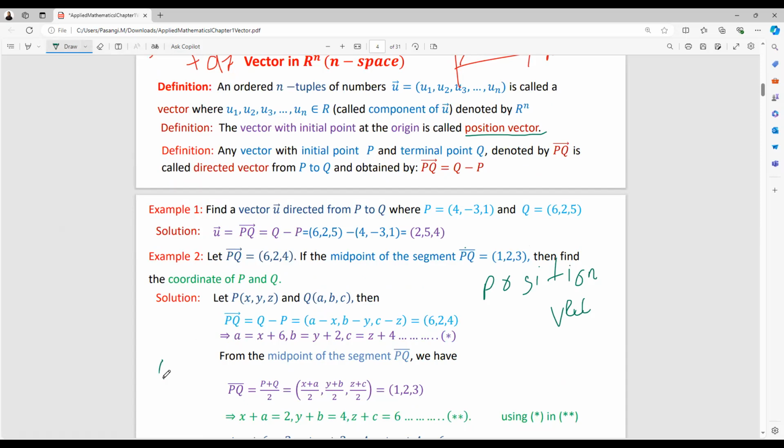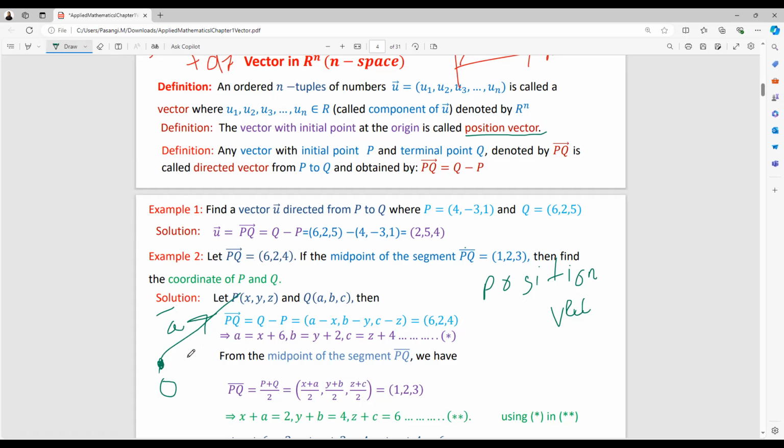For example, let's assume all the vectors start from here, O. We consider this as the origin. Then we mark vector A like this.